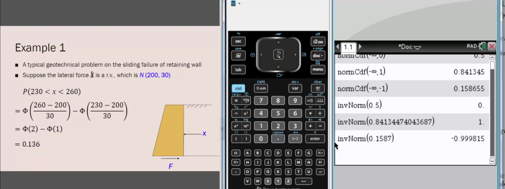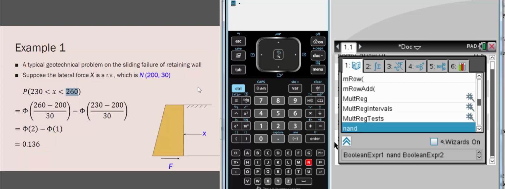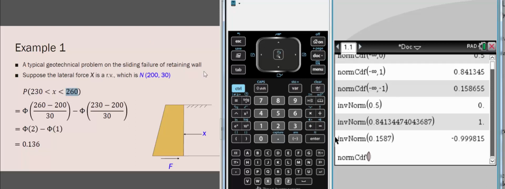Now let's do some probability calculations. Suppose we have a normal random variable that has a mean of 200 and a standard deviation of 30, and we wish to know the probability of its being between these two values. Again we press the book key and we want a normal probability, so control 3 to find the normal CDF command.